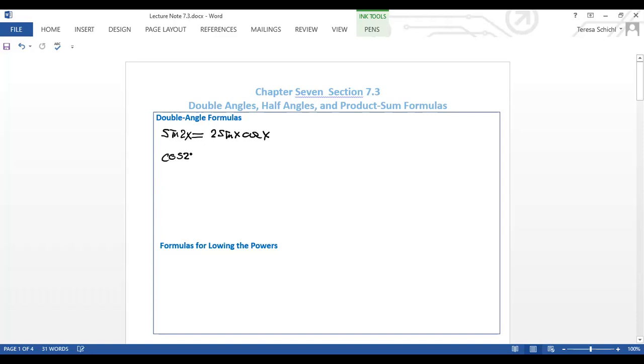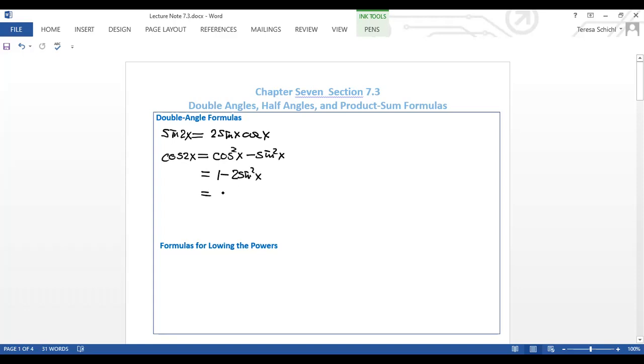So for cosine 2x, in fact, we have three different formulas. You can say this is cosine squared x minus sine squared x. Or you just replace using the Pythagorean identity, so this is 1 minus 2 sine squared x.